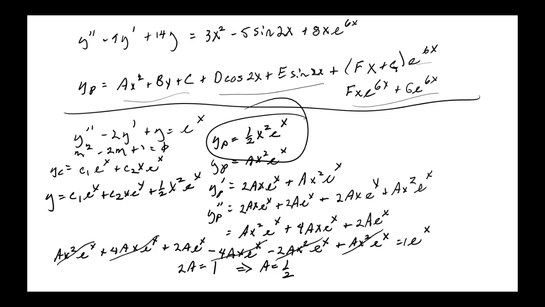If any y sub p i, those particular solutions you identify, contains terms that duplicate terms in your complementary solution, y sub c, then that y sub p i must be multiplied by x to the n, where n is the smallest positive integer that eliminates the duplication, which is what we did last time when we had e to the x and an x e to the x. We went on and did an x squared e to the x, just like we did before. Okay, let's go to example 8.